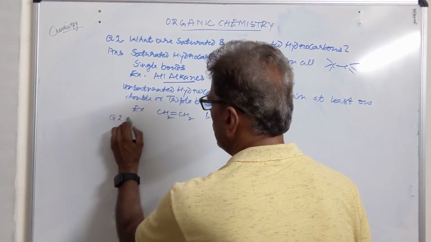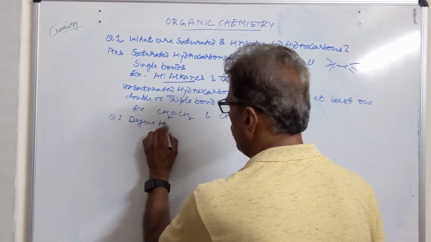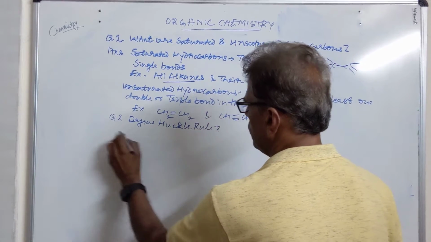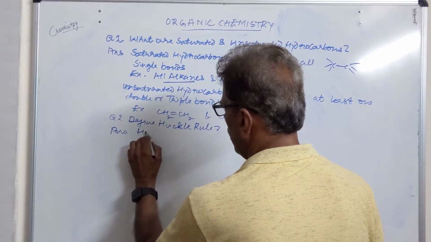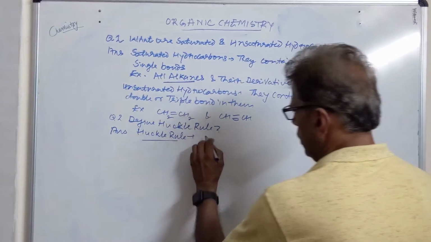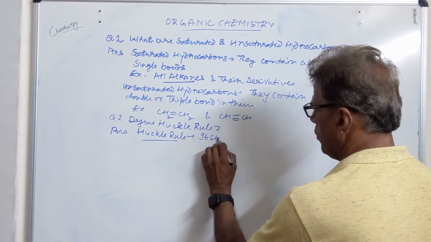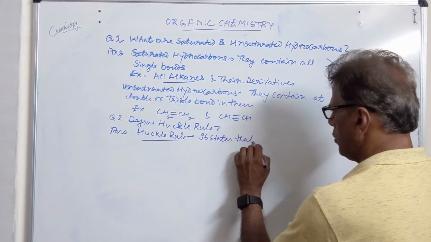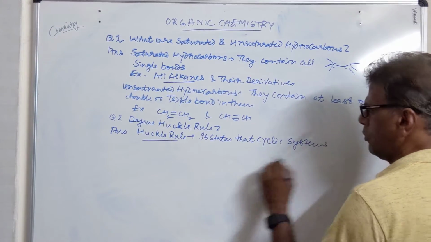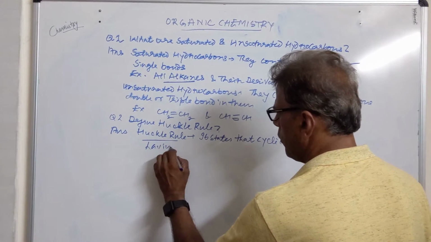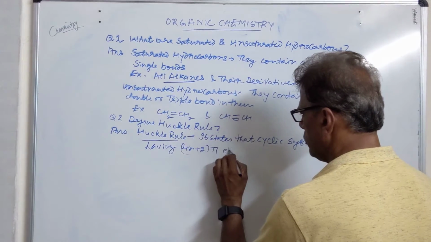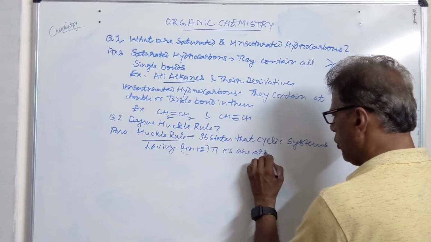Then we have, define Huckel rule. Huckel rule, it states that cyclic systems having 4n plus 2 pi electrons are aromatic in nature.